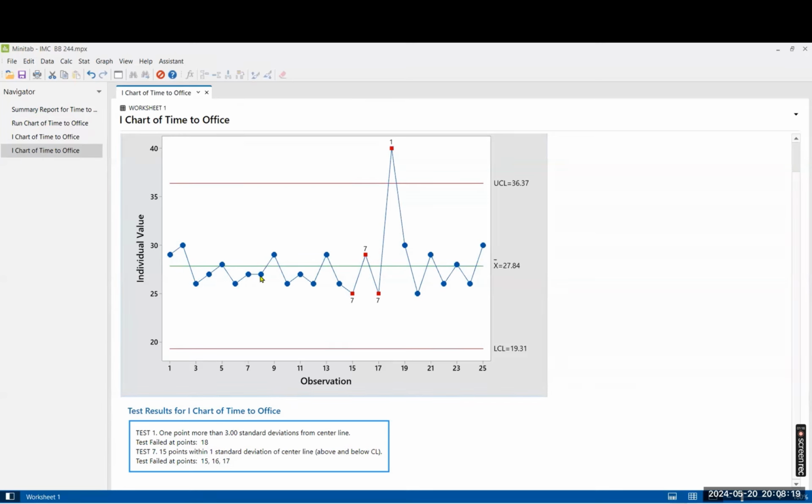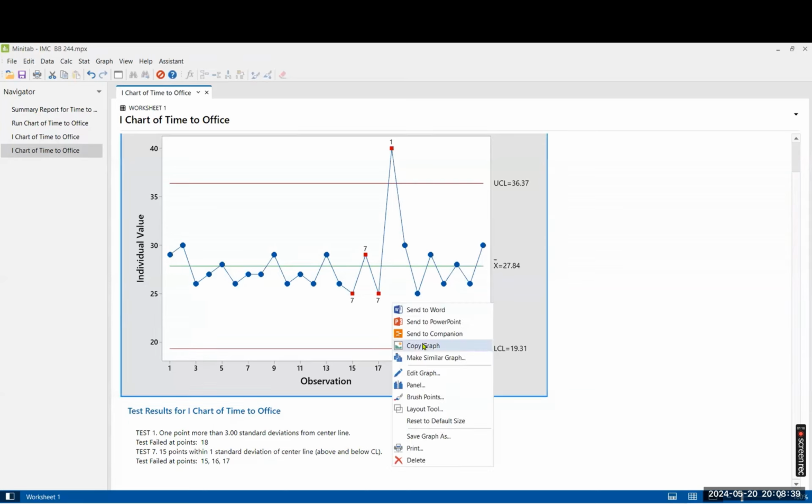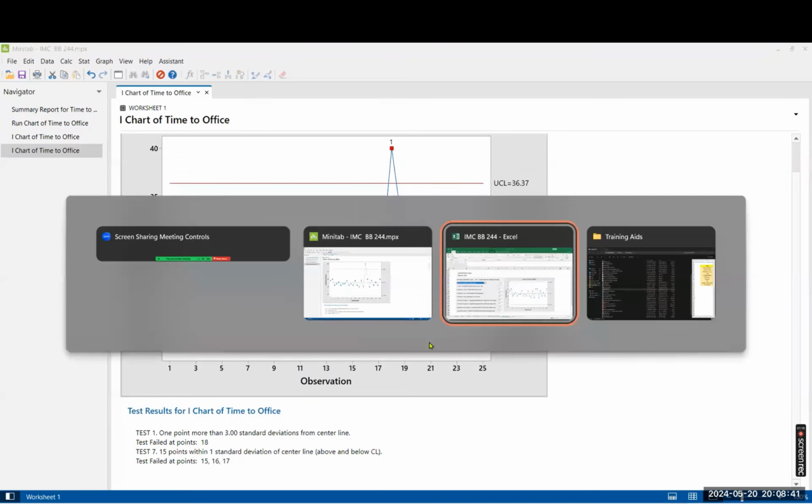If 15 data points continuously are very close to the center line, then rule number 7 will fail. That's how the explanation is given here, and the red dot is showing here. This is the way we identify which rule is failing.